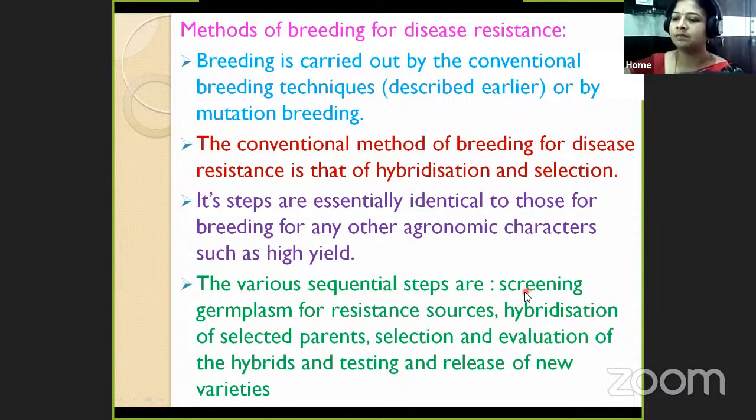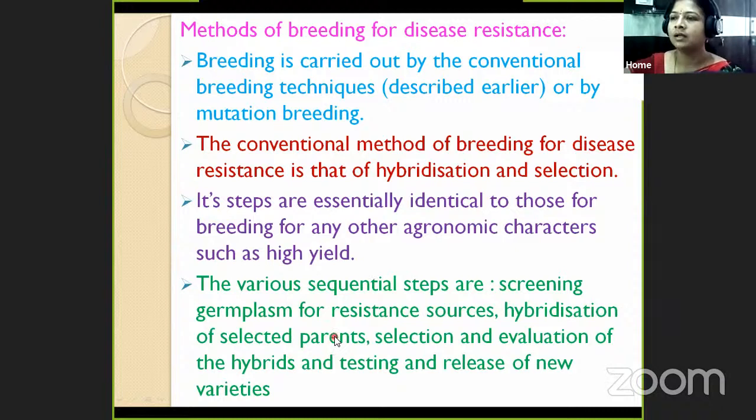So the steps are screening germplasm for resistance source and hybridization of the selected parents, meaning one wild variety with disease-resistant genes is crossed with a cultivated variety. Those two are used as parents.